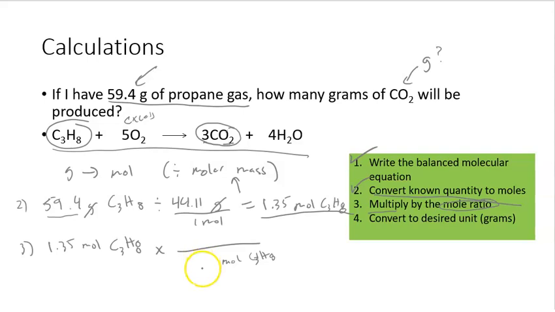So the number of moles that we're starting with, which would be moles of propane, we're always going to take whatever the mole ratio associated with that is. That's going to go on the bottom of our fraction.